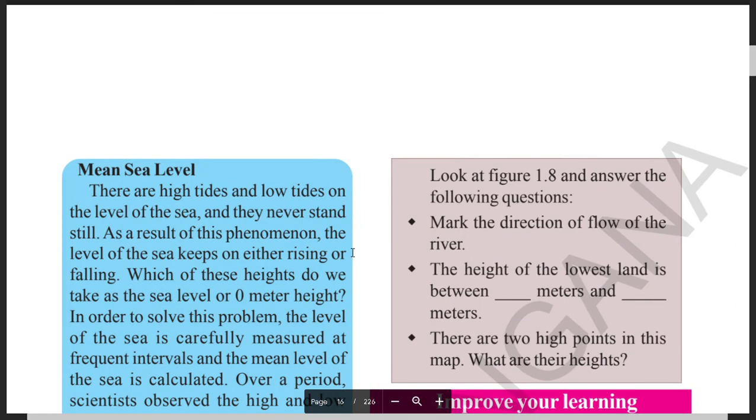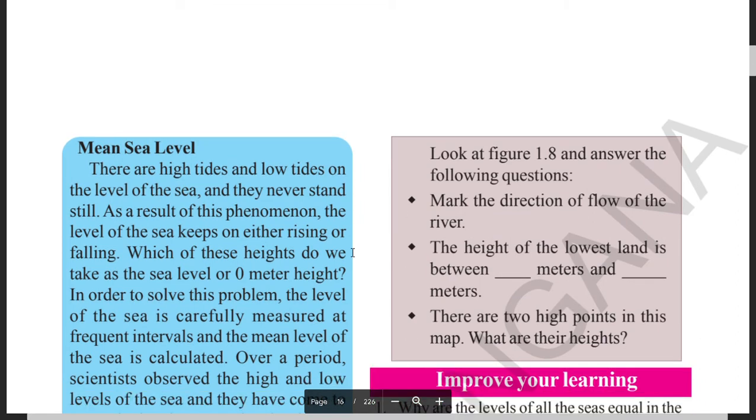Mean sea level. There are high tides and low tides on the sea, and they never stand still. As a result of this phenomenon, the level of the sea keeps on either rising or falling. Which of these heights do we take as the sea level or 0-meter height?